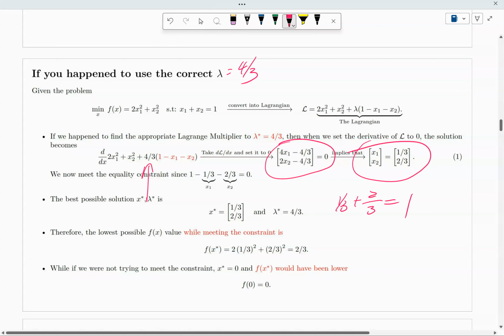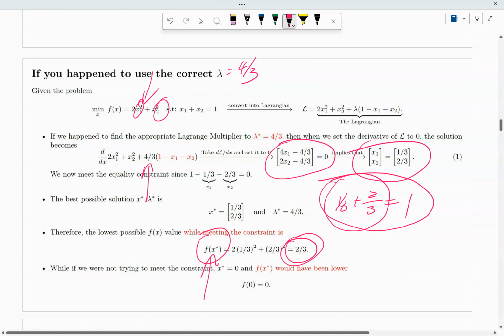So the constraint, the addition that they have to be the same, is satisfied. So we satisfy this constraint. And if we plug 1/3 and 2/3 into this expression, it gives us 2/3. So basically, it's saying that the lowest possible value you can achieve for this function is if you use 1/3 and 2/3, and you will get 2/3.